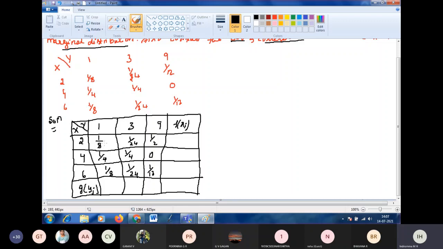So now add 1 by 8 plus 1 by 24 plus 1 by 12. What you got? Take LCM as 24 or use your calculator and tell me. 24 is LCM. It is 1 by 4.